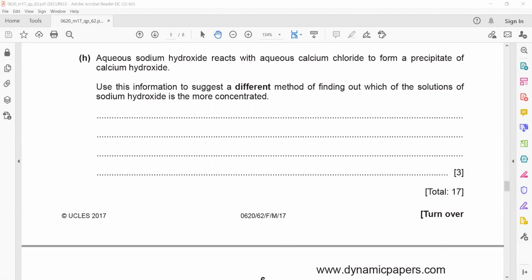So what we will do, we'll take equal volume of the two solutions, O and P, and add calcium chloride.